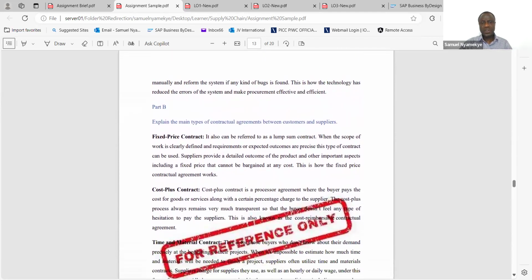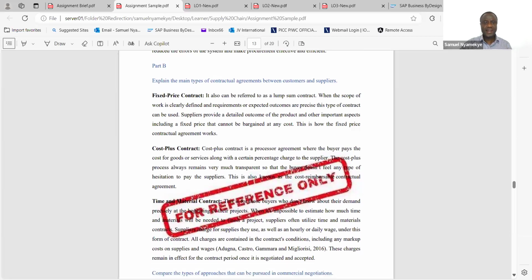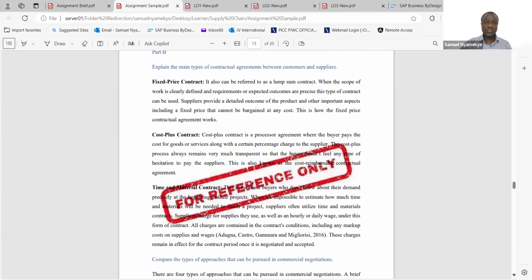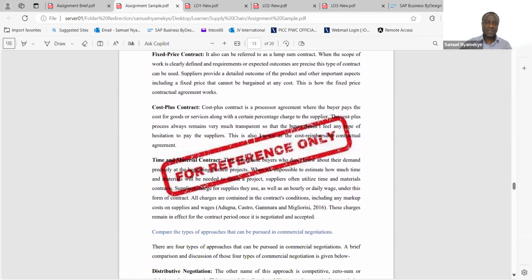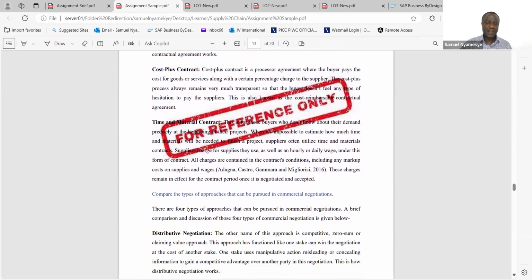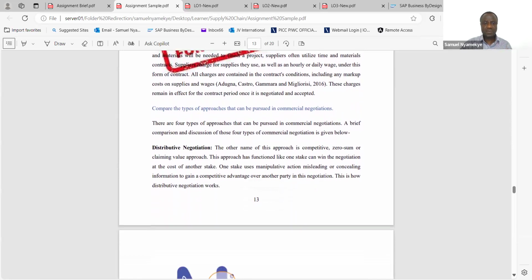So that sort of covers the first part, and the second part looks similar in form. So you look at the various types of agreements that we have, the fixed, the time, and the material. All of them, you take them one by one, then you try to explain.